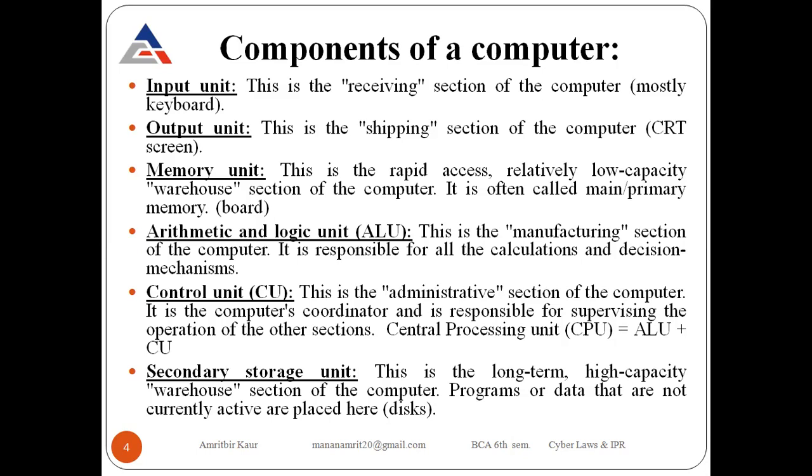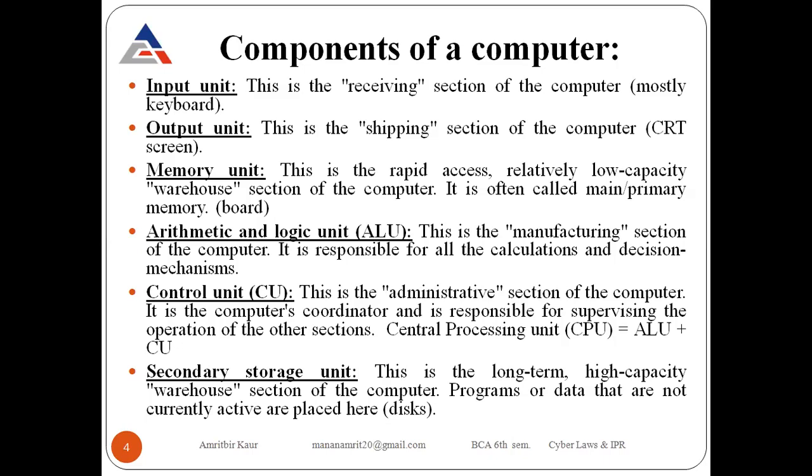So memory will be fast and storage devices will be slow. So the memory unit is the rapid access, relatively low capacity warehouse section of the computer. It is often called main memory or primary memory. So primary memory and main memory will be fast, but its capacity will be low.